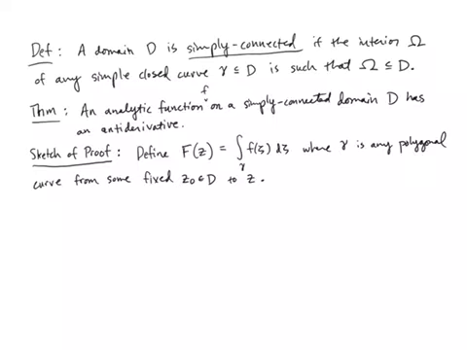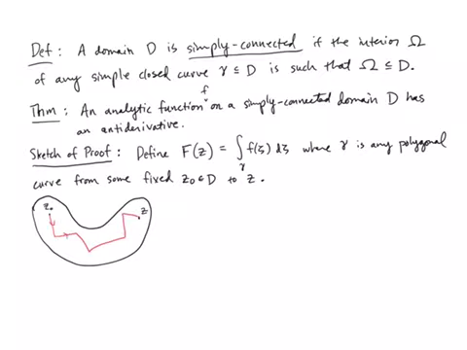Okay, and so the picture is like this. So you have your z naught here and your z over here. All right, and then you have a polygonal curve. You pick any polygonal curve you want, gamma, and take the integral of your little f along that polygonal curve.